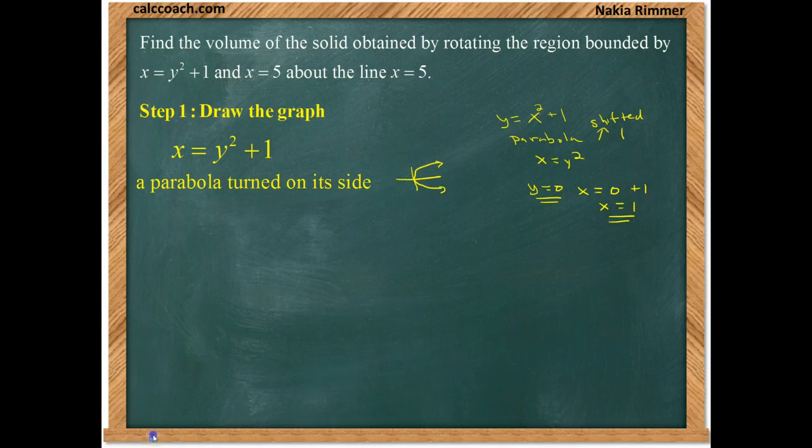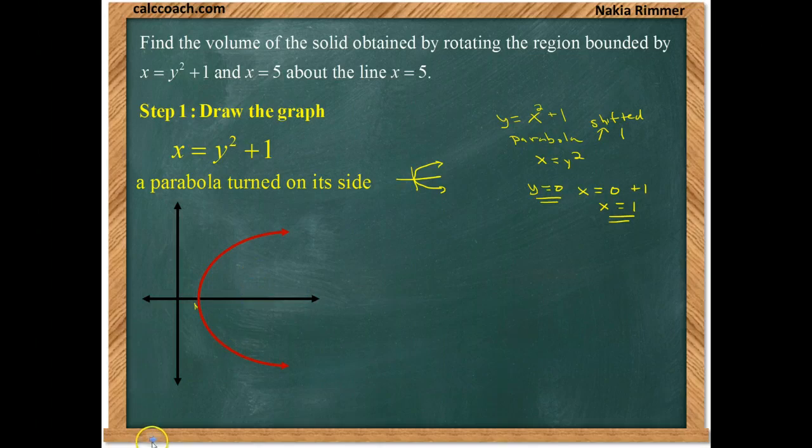The graph would then be a parabola shifted 1 unit to the right. Okay, great. Parabola on its side shifted 1 unit to the right.